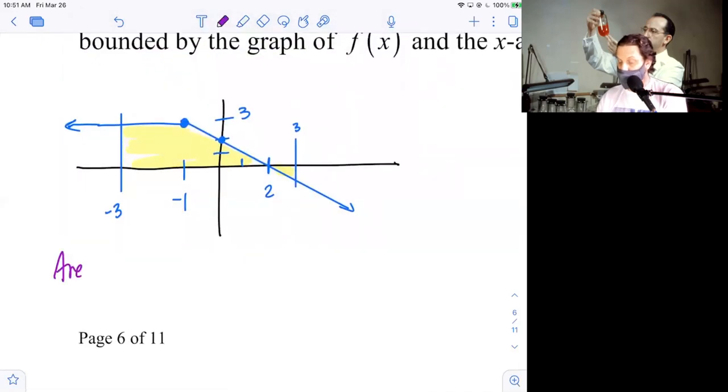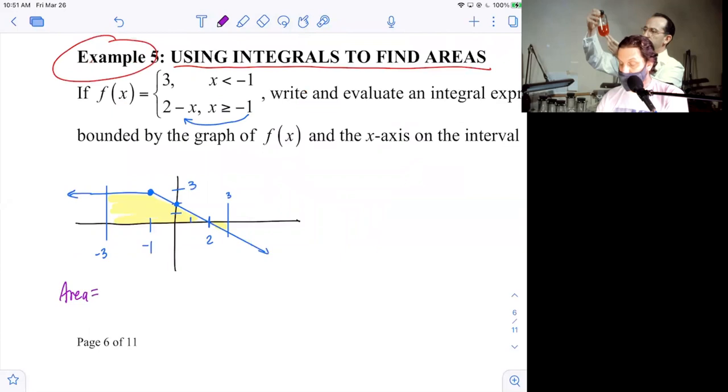The area of the region then is going to equal, well, notice that it's going to be positive already from -3 to 2. So if I just integrate from left to right, it should be good. It's going to be the integral from -3 to 2 of f of x dx. That's going to give us a positive number. Would you agree?